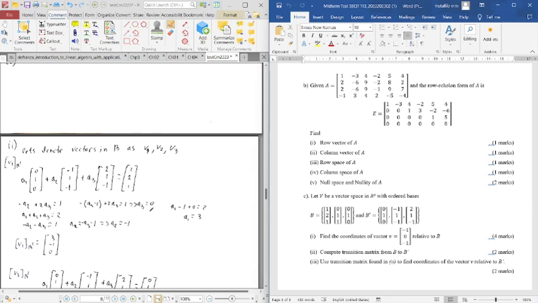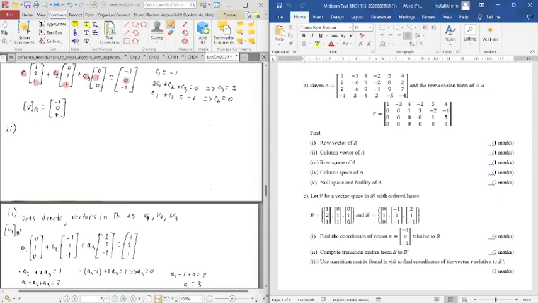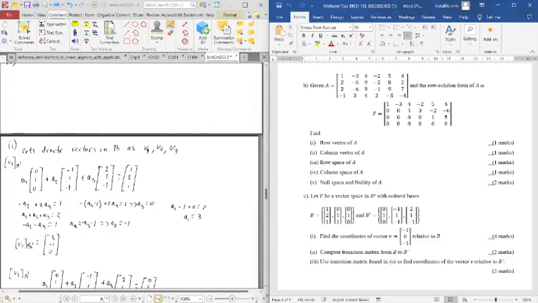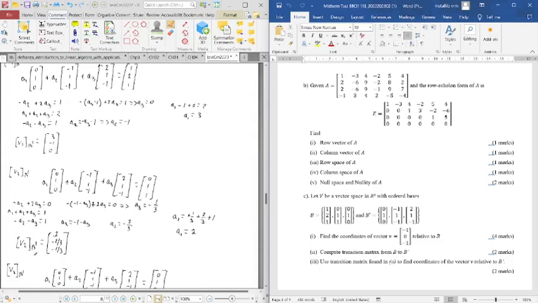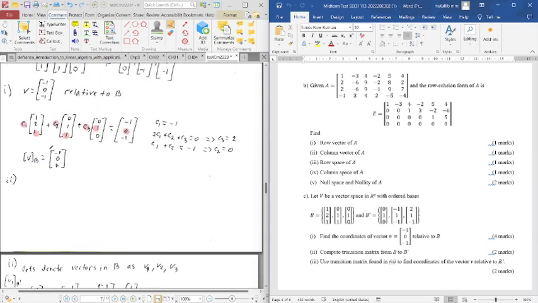We find the transition matrix like we did for the first vector. So we're going to do it for all of the vectors in the set B. First we do it for V1, second for V2, and third for V3, exactly the same as we did for the vector V.